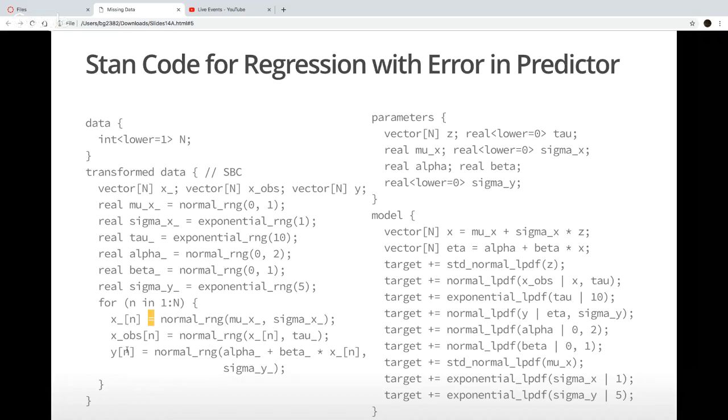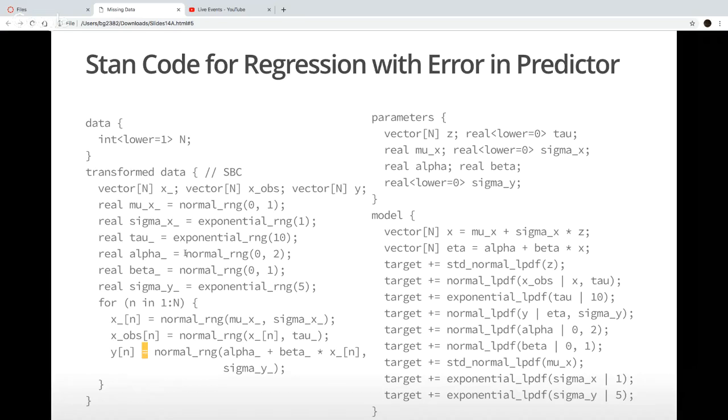So the prior predictive distribution for y is generated from the true x, not from the observed x. So we're saying your response depends on your true income, your true age, not whatever number you tell the survey data collector. So that's all plausible.